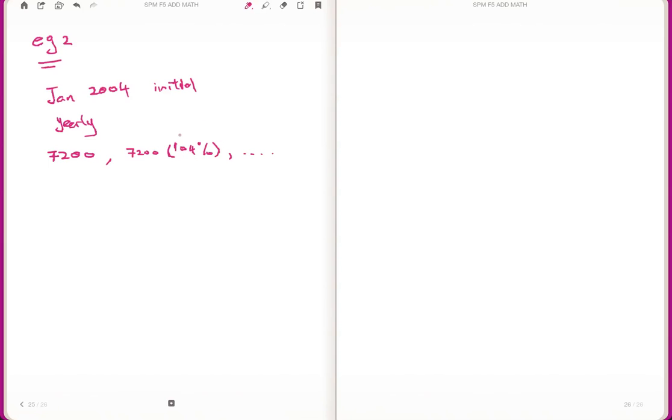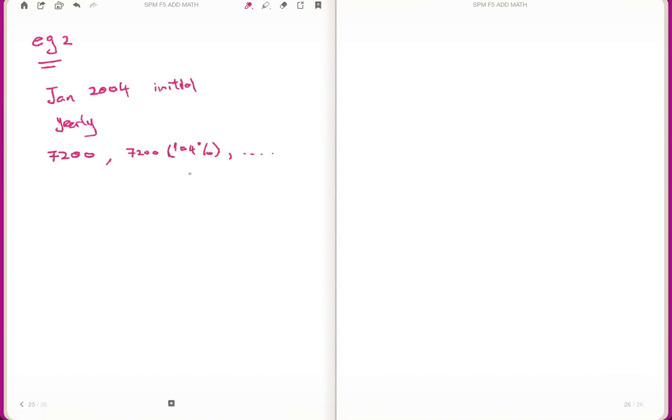So obviously this is a geometric progression because it increases 4% every year. Maybe the third year is also 104%, but the sum would actually be different. It's not the arithmetic way of adding, it's a compound interest kind of adding.